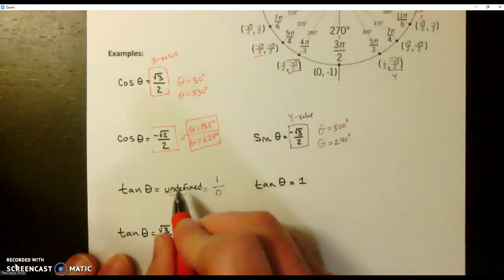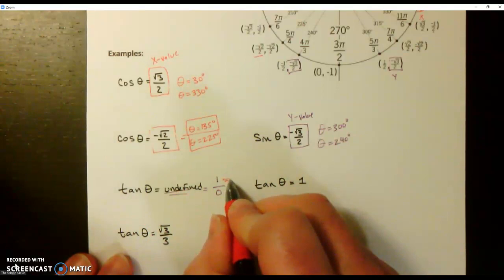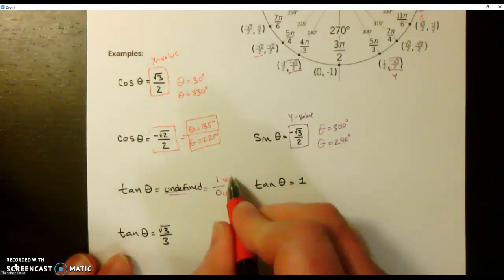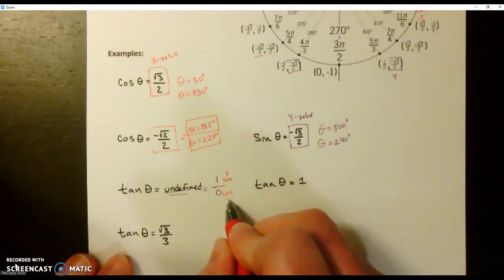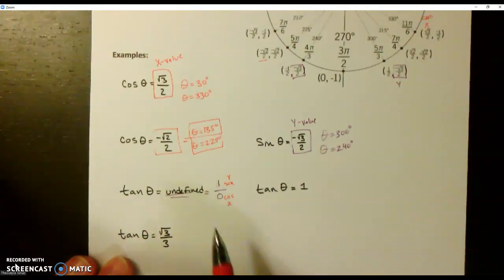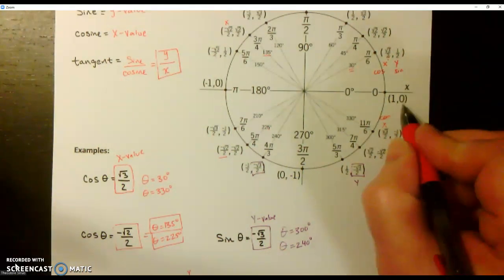And why? Remember what tangent is. Tangent is sine over cosine. So we're looking for when the sine value, which is y, and the cosine value, which is x. When is sine equal to 1, and when is cosine equal to 0? So when is the y value equal to 1?